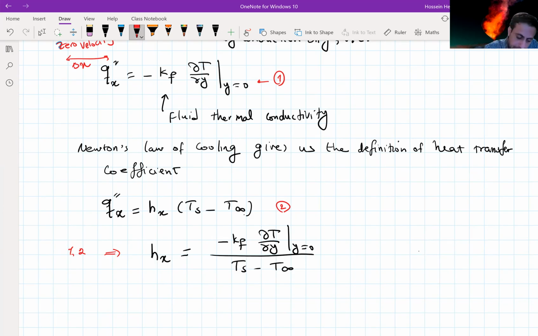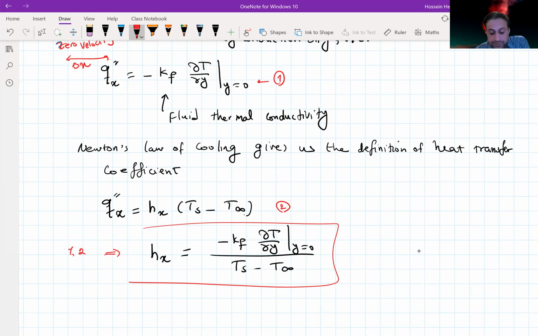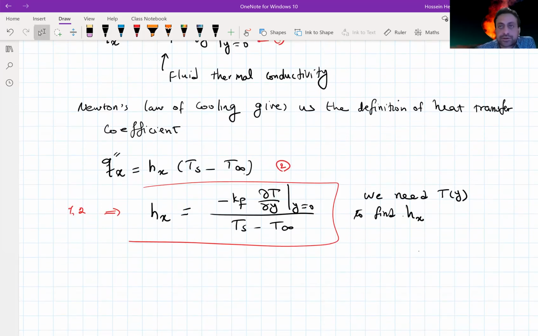Now, in this formulation, we are assuming that the fluid thermal conductivity is constant, and Ts and T infinity are constant. The only thing that we don't know is the temperature distribution, and this is not a really easy measurable quantity. So we need temperature as a function of y to find hx, the convective heat transfer coefficient.